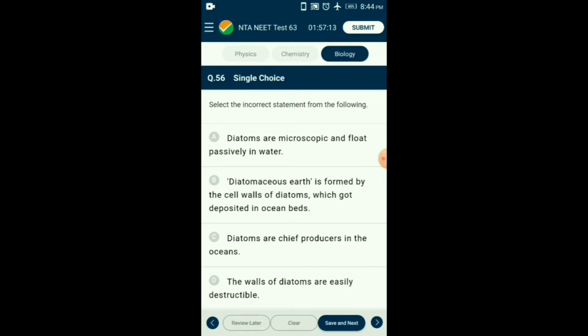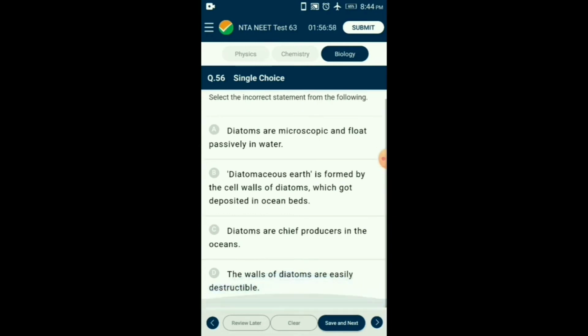The siliceous frustules of diatoms do not decay easily, and siliceous frustules of dead diatoms get preserved, forming diatomaceous earth. So the answer for this question is option D. The walls of diatoms are easily destructible. So that is the incorrect statement.